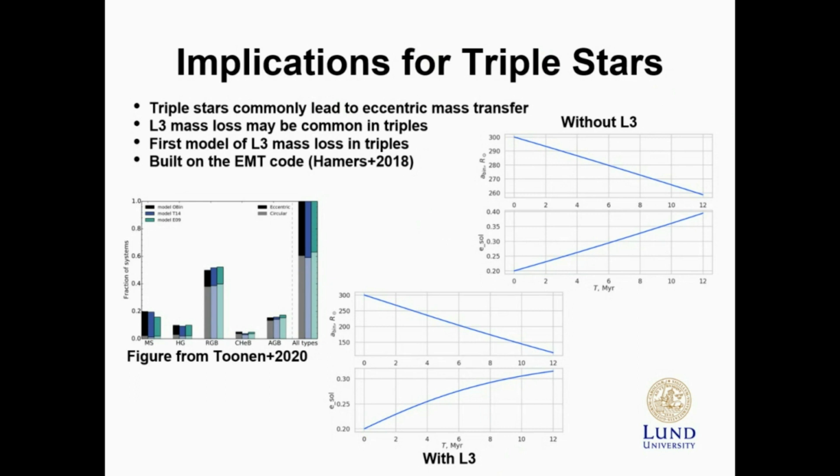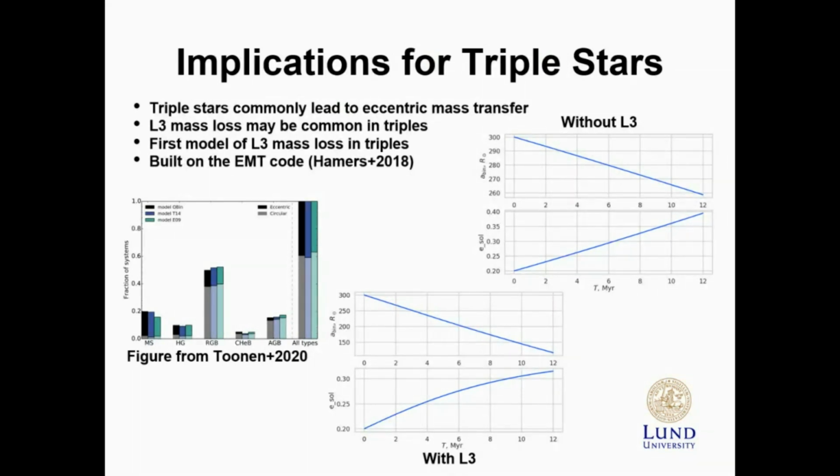And the eccentricity oscillations in the binary make it so that when one of the stars starts to evolve, they will start transferring mass on eccentric orbits. That's the result which has been obtained by Silvia Toonen recently by running a triple star evolution code.